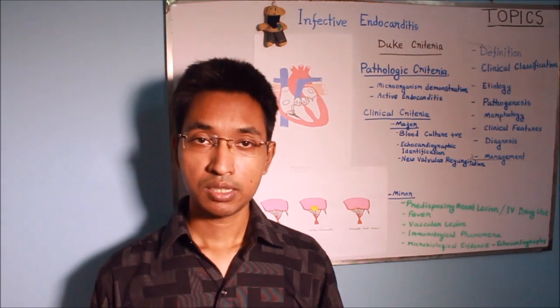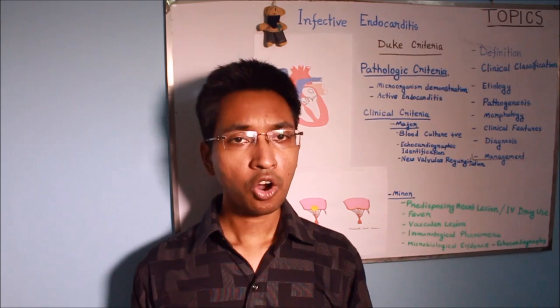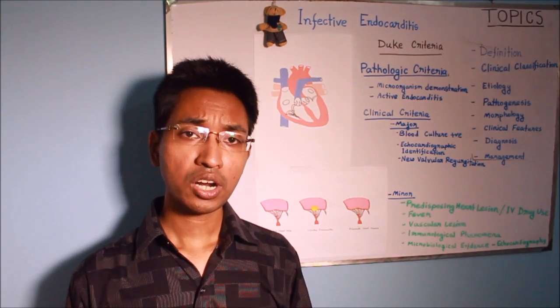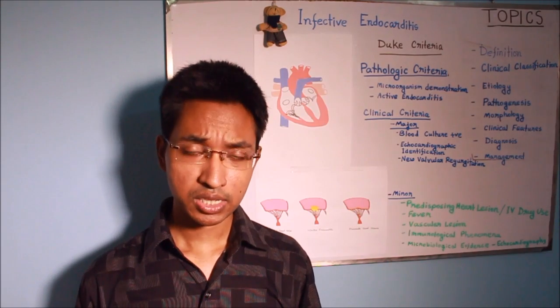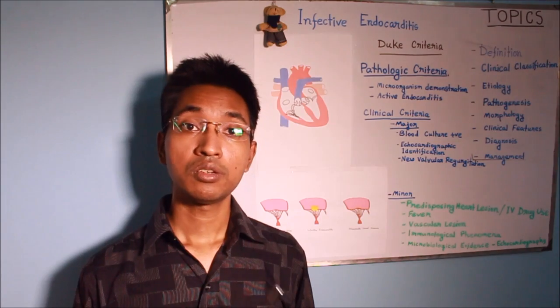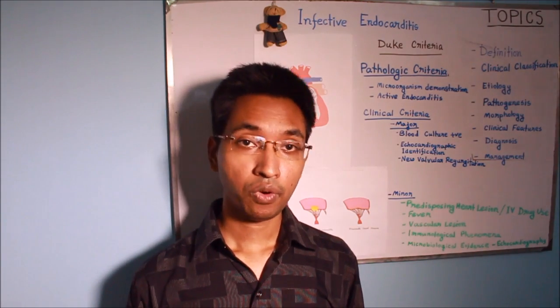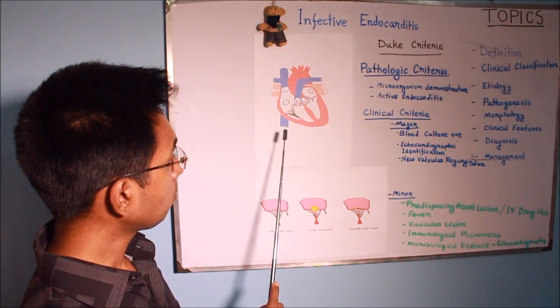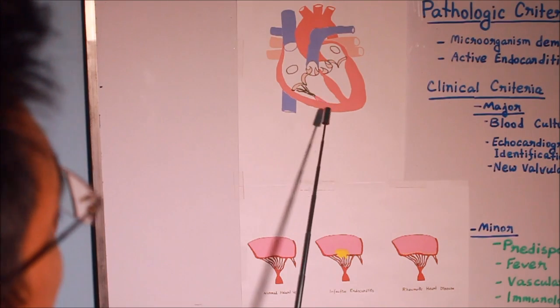Now you may be asking me, Dr. Robiul, what is chordae tendineae? Now always remember, these are cord-like tendons that connect the cusp or leaflet of the heart valve with papillary muscle. For example, in this image you can see that I have drawn a papillary muscle.